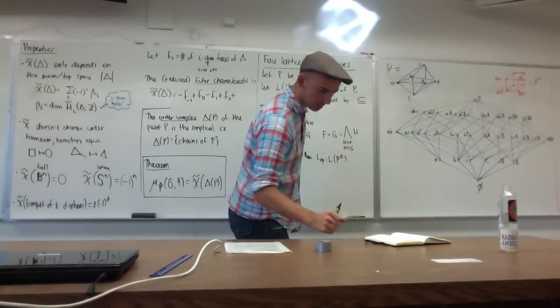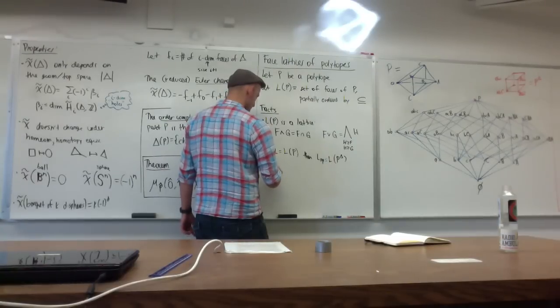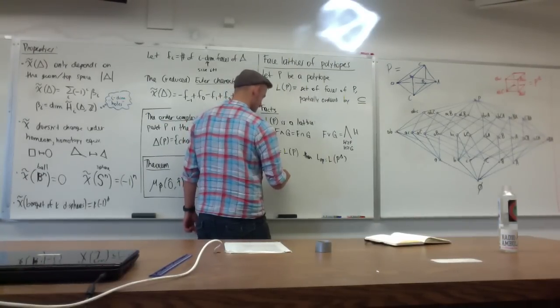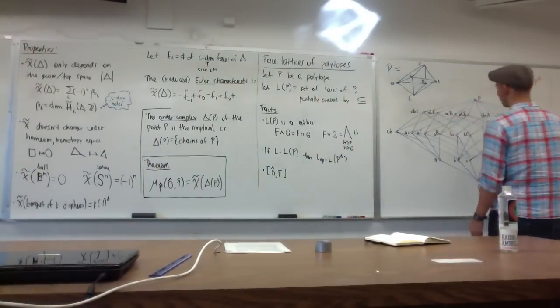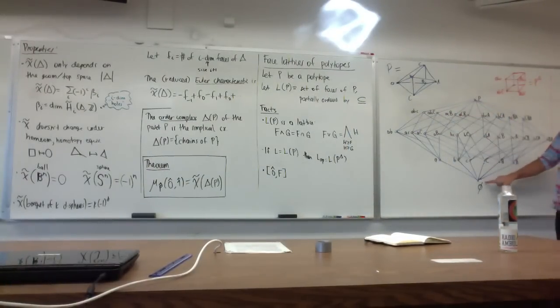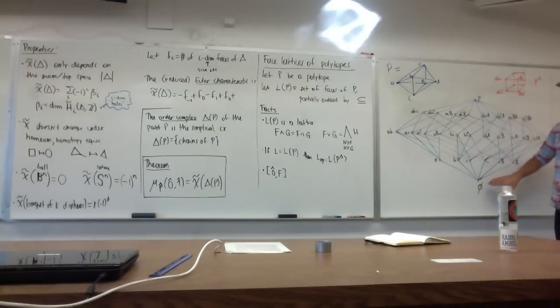So what happens if I look at the interval from the bottom to some element of the poset? Like this one, the element from the empty set to A, capital C, capital B. What is that? Well, these are the faces that contain the empty set, that's all of them, and are contained in A, capital C, capital B. Right?